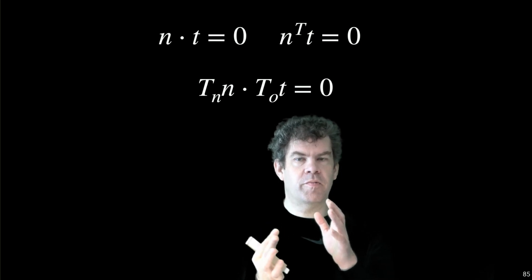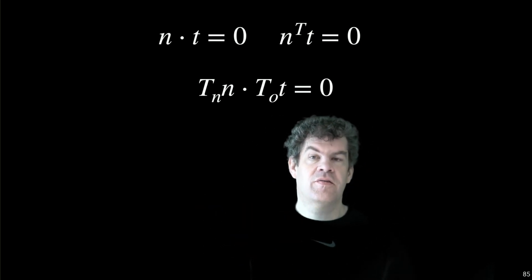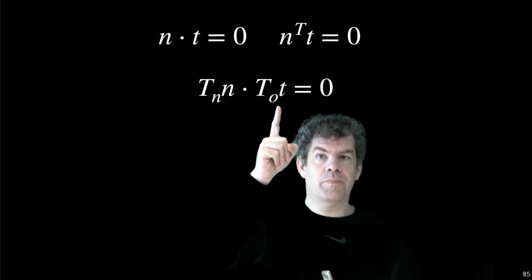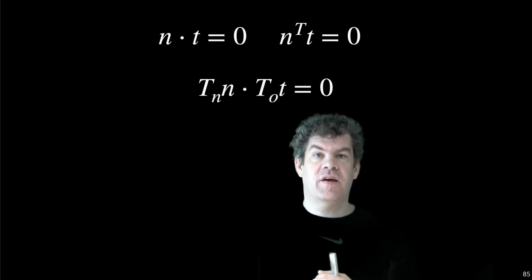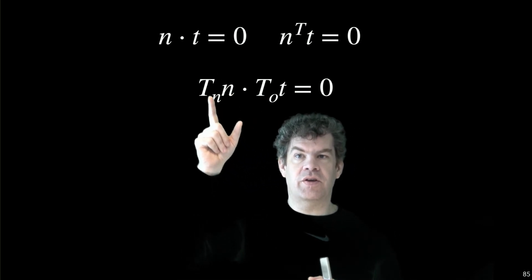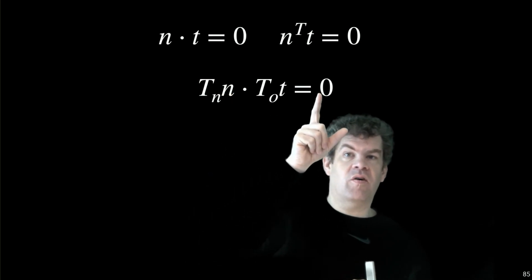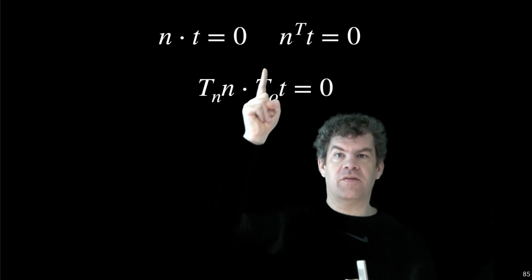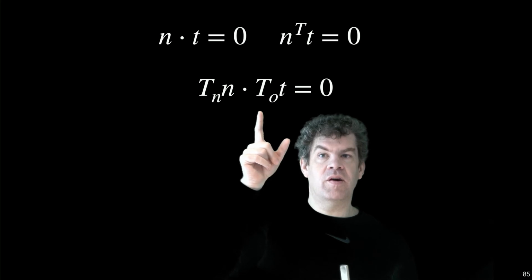Remember what we want to do: we want to transform the object and transform the normals along with it. So I transform the object with TO, meaning I transform every vector on the surface of the object, and I want to find a new transformation for the normal, Tn, such that when I transform the normals with it, this still holds. In other words, I want the normal to stay perpendicular to that new surface vector. The question is, how are TO and Tn related?